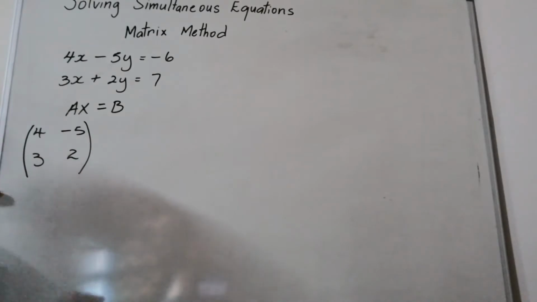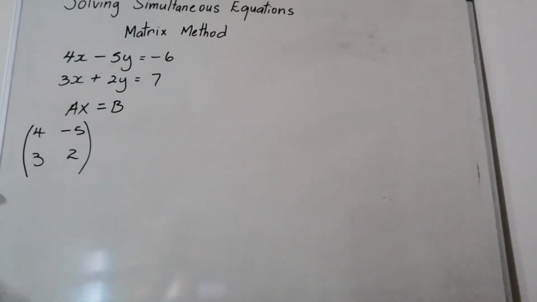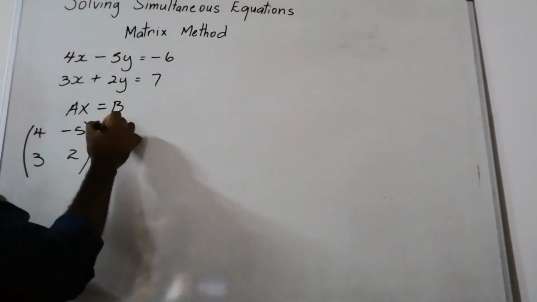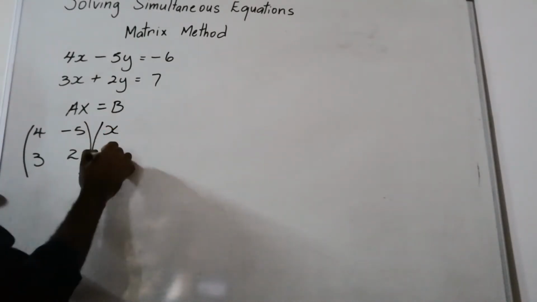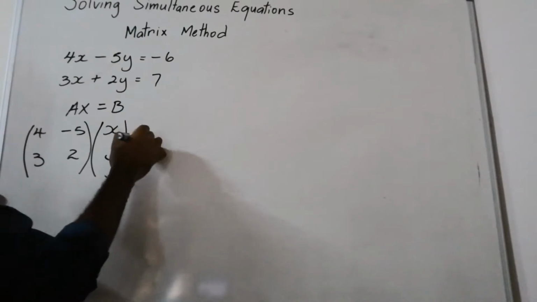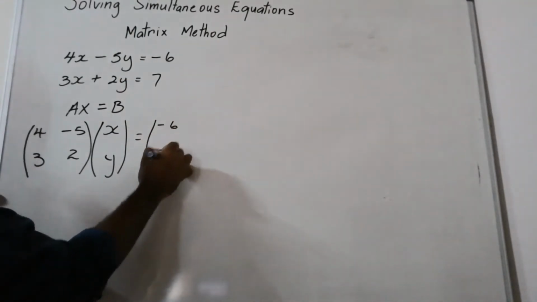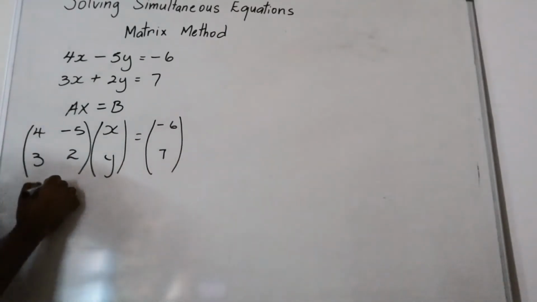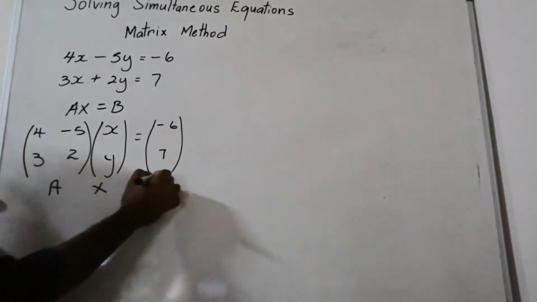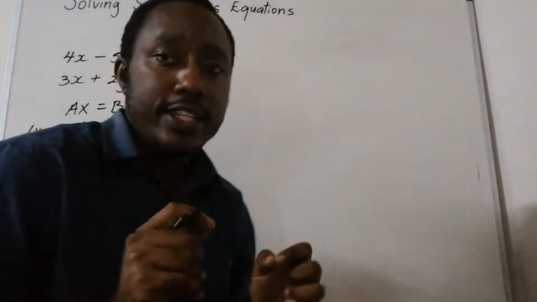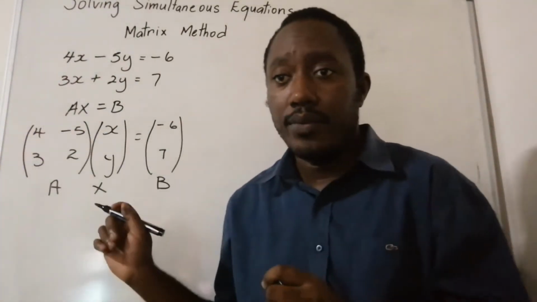X represents our variables, so X will be x and y. And B is equal to our answers, minus 6 and 7. So this is A, this is X, here we have B. So first thing, we write it in this form.